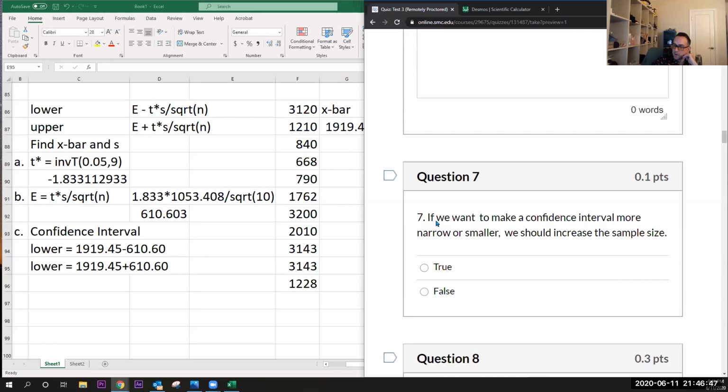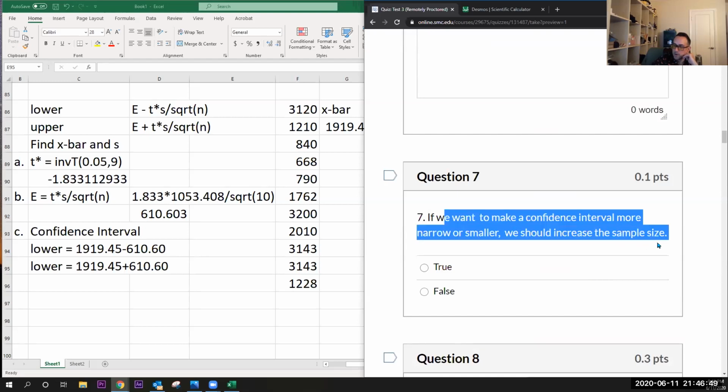If we want to make a confidence interval more narrow or smaller, we should increase the sample size. What do you think about that? False. Huh? False. Let me see.